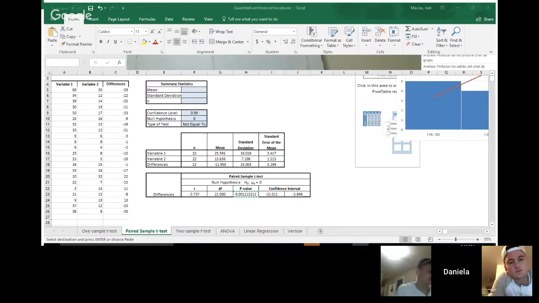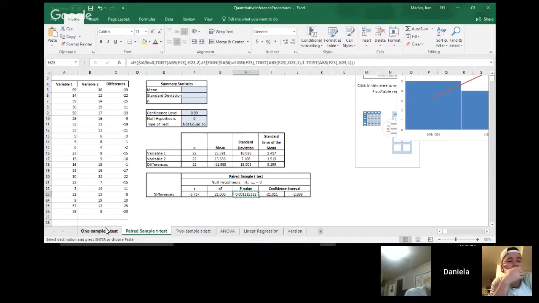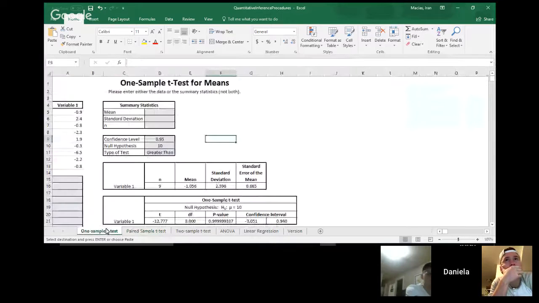Because we go 11.955, which is the mean difference, divided by our standard deviation of 15.003 divided by the square root of 22, and that should give us 3.737.